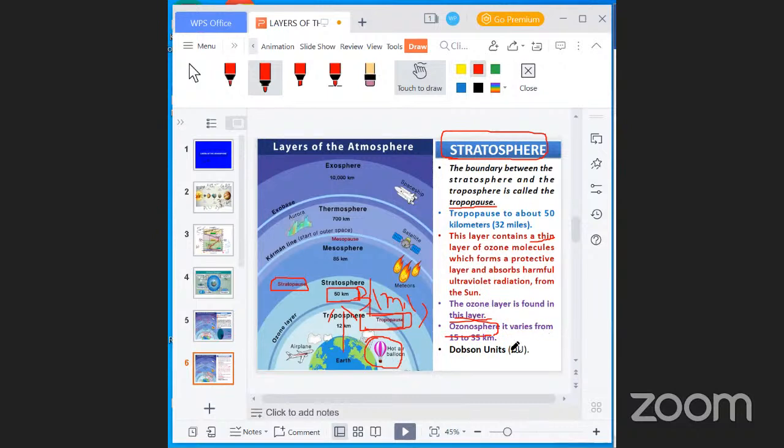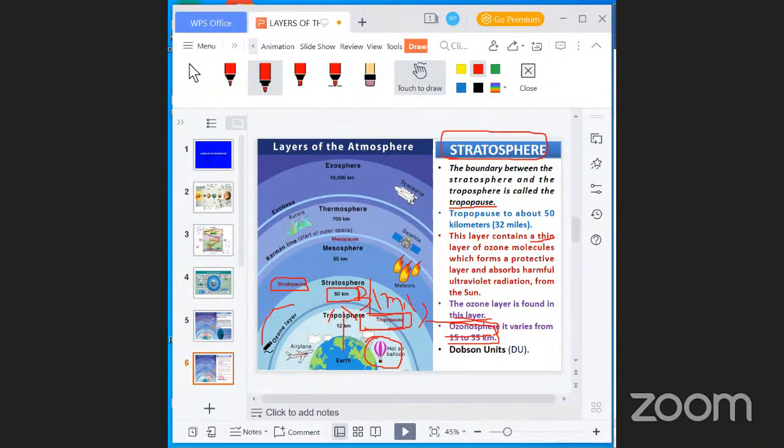It varies from 15 to 35 kilometers, from the tropopause to the upper stratosphere, right? So it is mostly the lower portion of the stratosphere where the ozone concentration is, and the infamous ozone layer is found within the stratosphere only.